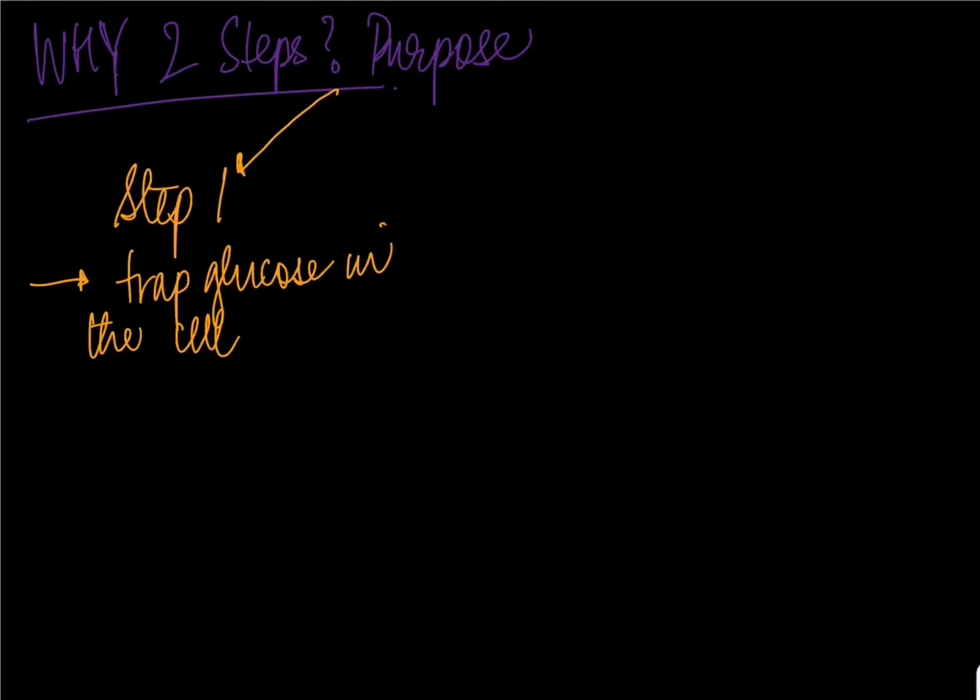So the strategy of this initial step in glycolysis is to trap the glucose in the cell and form a compound that can be readily cleaved into phosphorylated 3 carbon units.